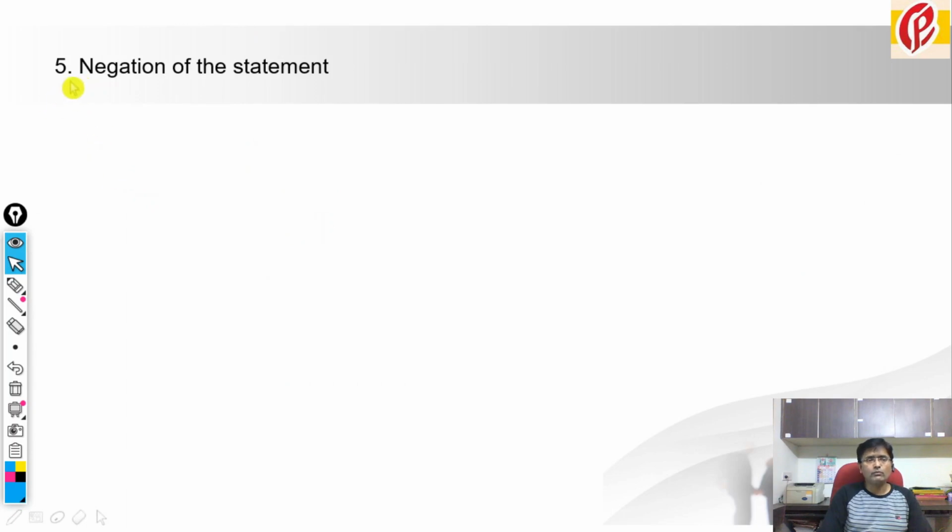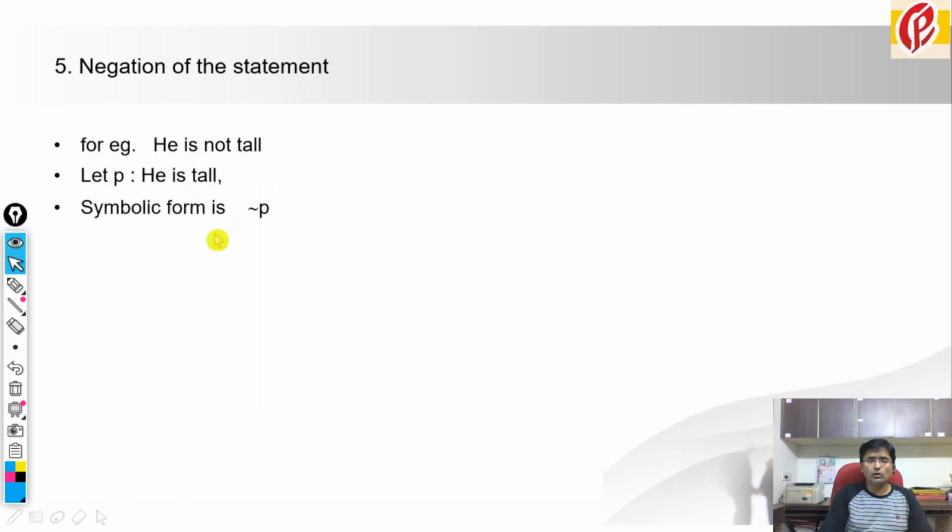Next connective, negation of a statement, that is not. For example, he is not tall. Now how to write this statement in negation form? First, convert this statement into positive form, like this. Let P be he is tall. Now how to write in symbolic form?